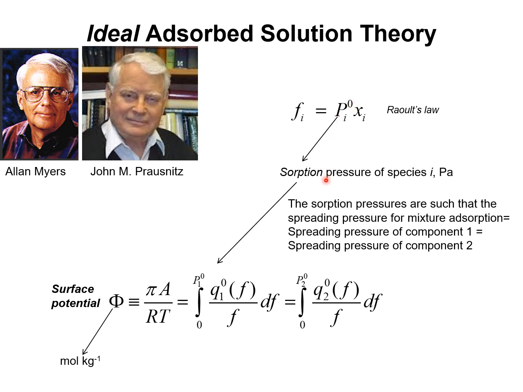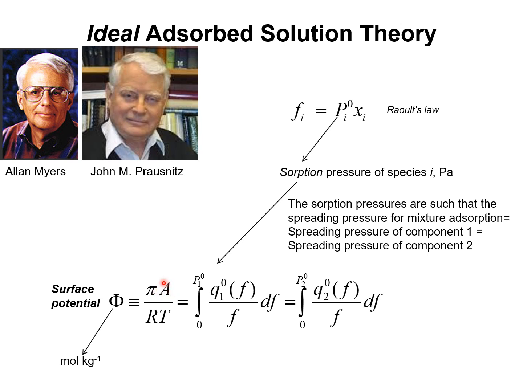Pi superscript 0 represents the sorption pressure of species i, and the sorption pressures satisfy this expression, which implies that the spreading pressure for mixture adsorption equals the spreading pressure of component 1 on its own and the spreading pressure of component 2. In these integrals, these represent the unary isotherm for component 1 and the unary isotherm for component 2.